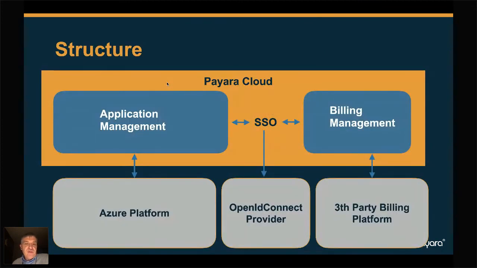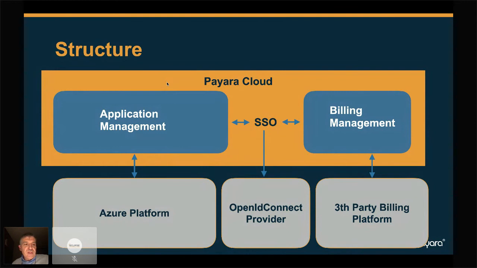And that's why we have created Payara Cloud. You only saw the application management. You also have the billing management because it is running on our Azure subscription, which means that we have to pay for some resources. So if you make use of the entire system, then we need to collect some money, and that's why we have that billing management linked to our third-party platform.